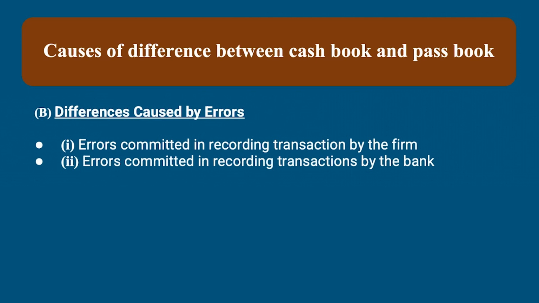Errors committed in recording transactions by the bank, omissions or wrong recording of transactions relating to checks deposited and wrong totaling etc. committed by the bank while posting entries in the passbook also cause differences between passbook and cash book balance.